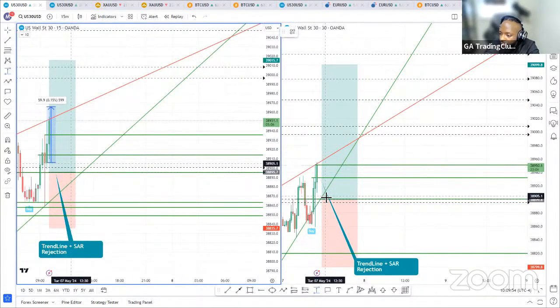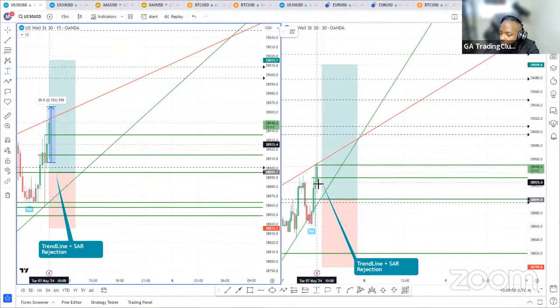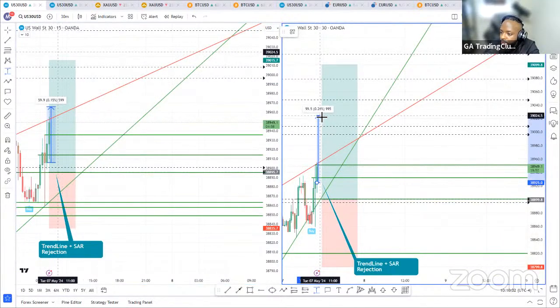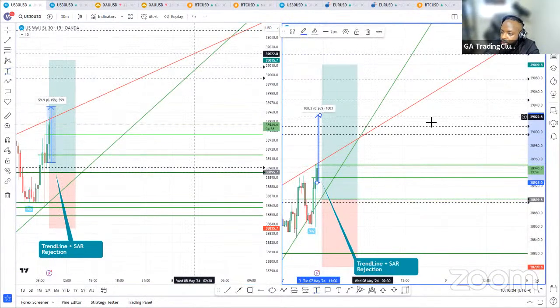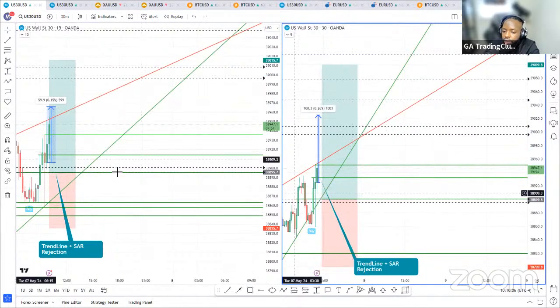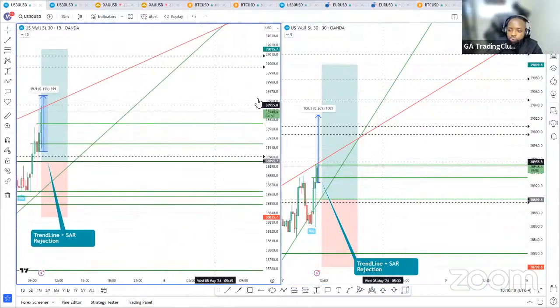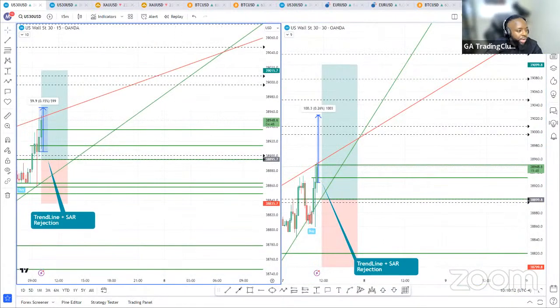For this other one, we measure this move and it would be like a 100 pip move. So if the trade gets here first, we go ahead and delete this trade setup. So let's see what happens. Hopefully we still recover back down to the downside before pushing up.